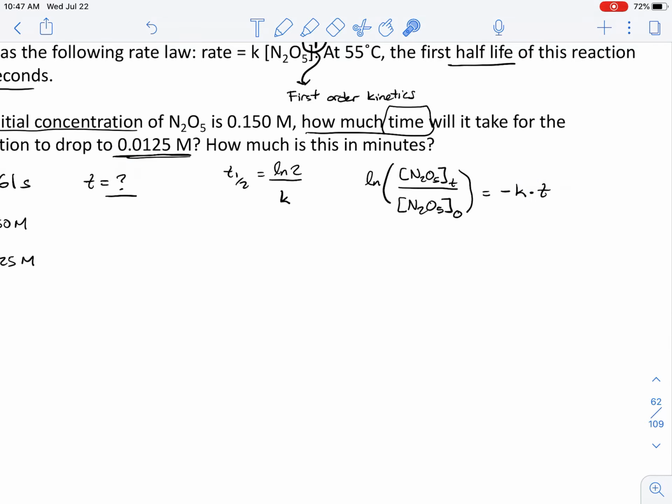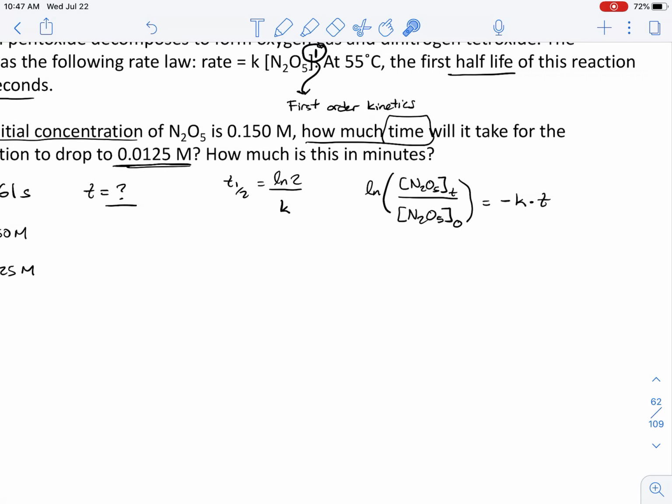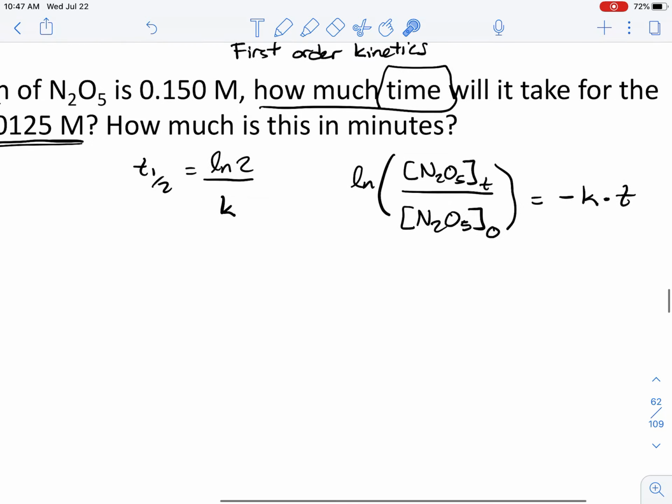There's one piece of information that this question has not yet given us, which is the rate constant K. Since we know the half-life, we can solve for K, and then once we solve for K, we can plug it into the second equation. And since we have a value for this term and this term, we can just solve for T. So that's basically the game plan.